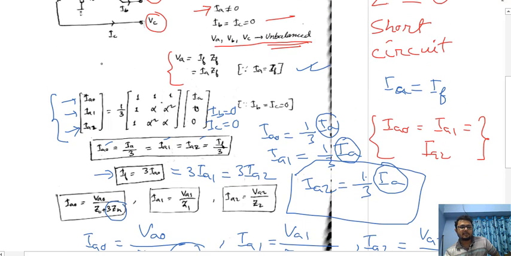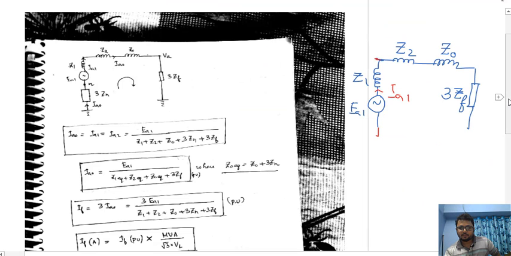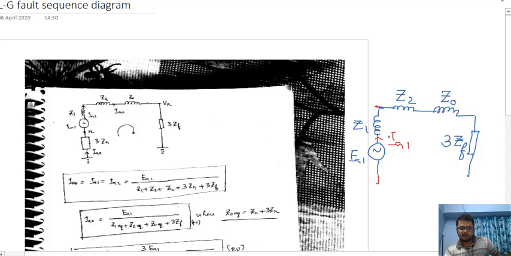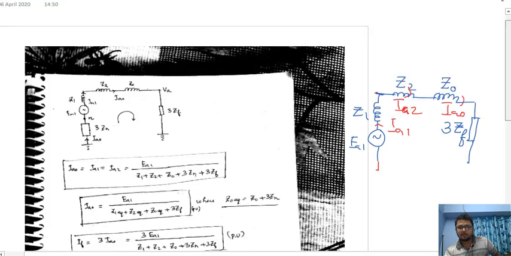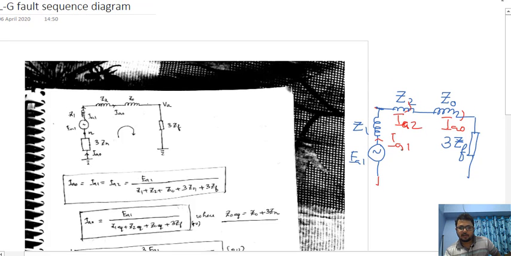Because in series only, whatever current is flowing here, IA0, here IA2, or here IA0, all currents are equal. That means they have to be connected in series. If they are not connected in series, how can IA1, IA2 and IA0 be equal? In the derivation we got IA1, IA2 and IA0 equal. That means the same current has to flow. How?